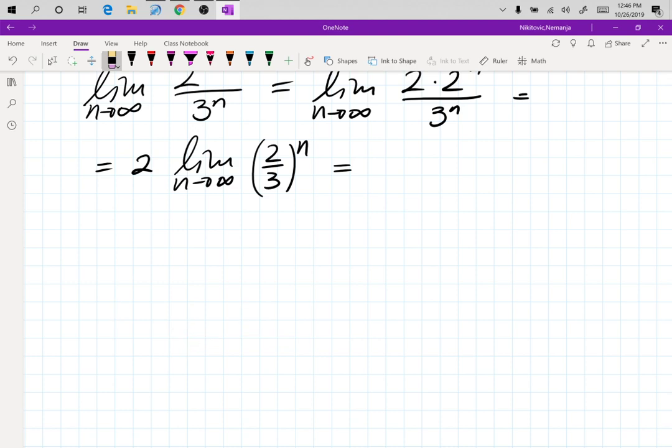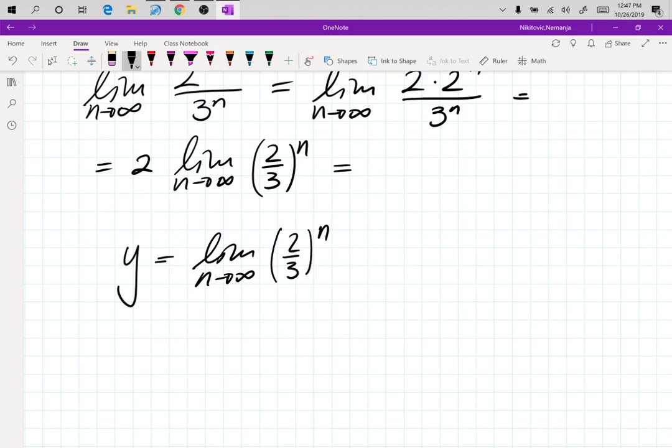Let's write y is equal to the limit n goes to infinity of 2/3 to the n, because I don't know what the limit is. I'm just going to call the whole solution y. Okay? So now I'm going to put ln on both sides, and now I have to invoke a theorem from advanced calculus, which says that limit and ln can swap sides because ln is an increasing function.